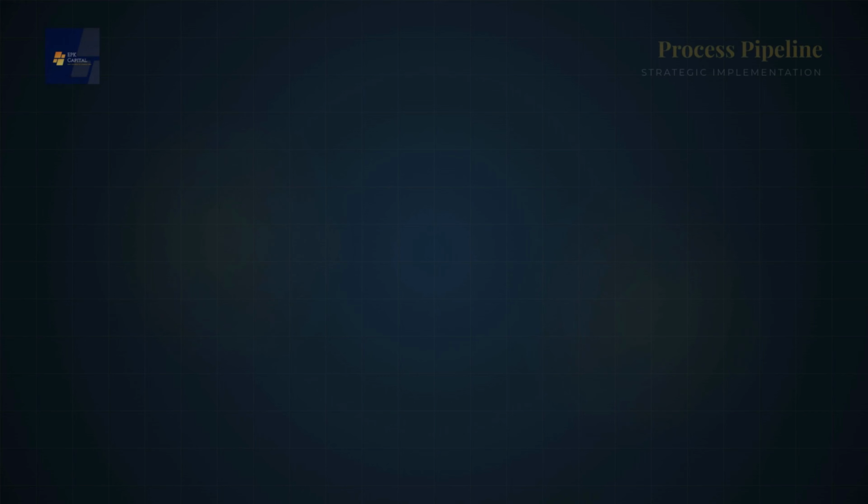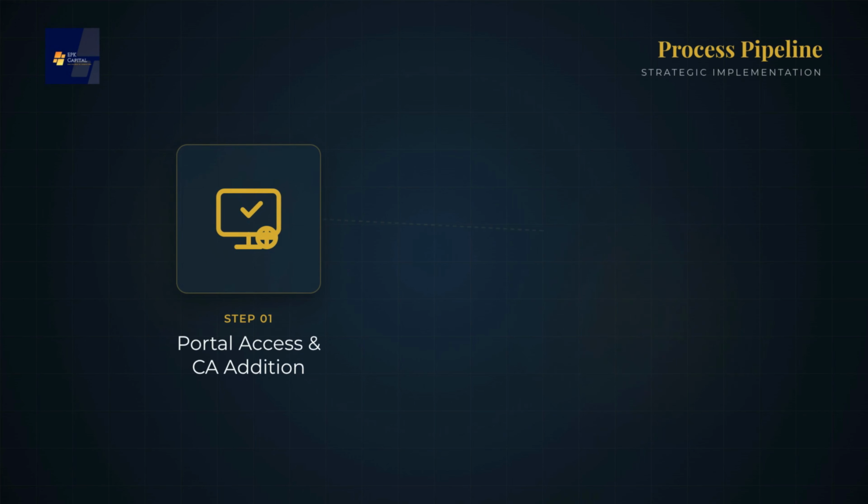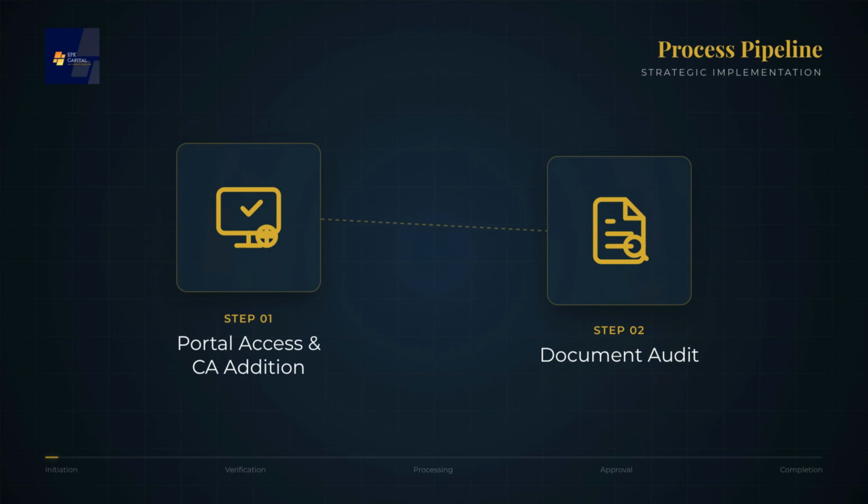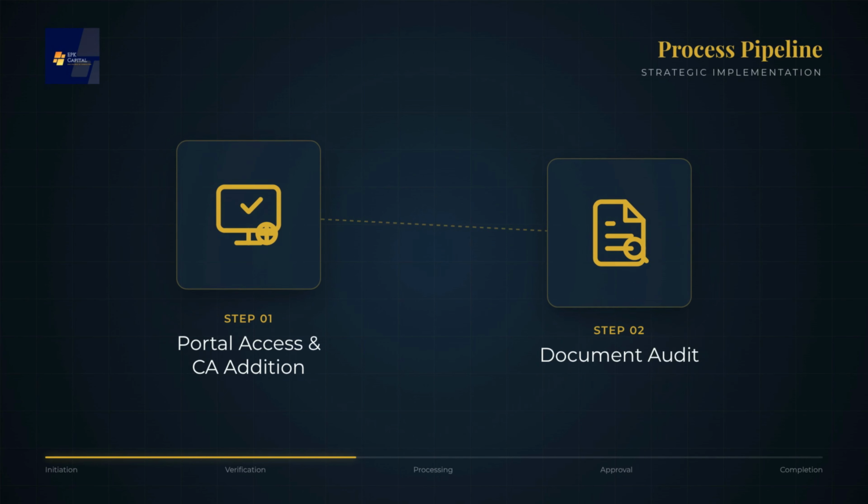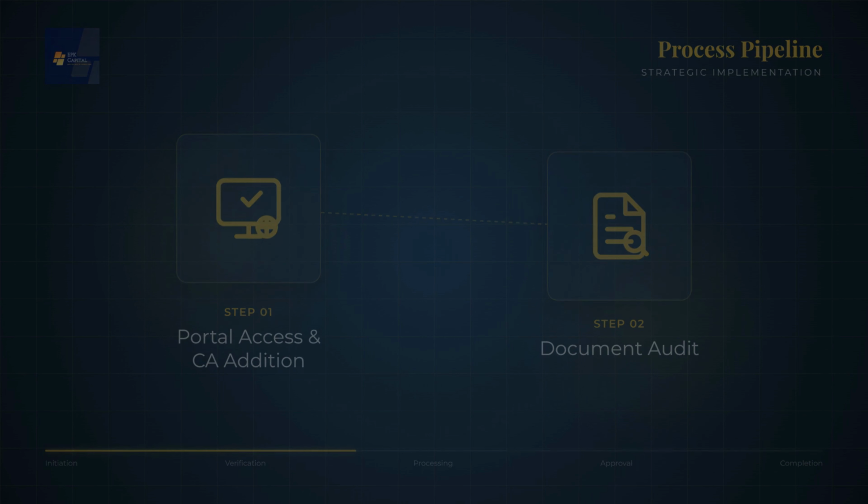To ensure your wire transfer executes without delays, here is the exact 5-step workflow. First, log into the e-filing portal and formally designate your CA. Second, provide your CA with complete documentation for the audit.